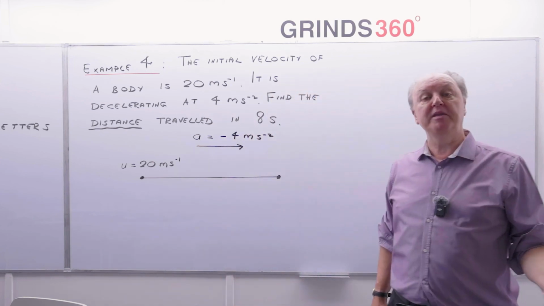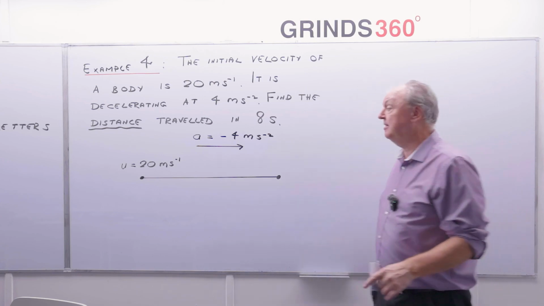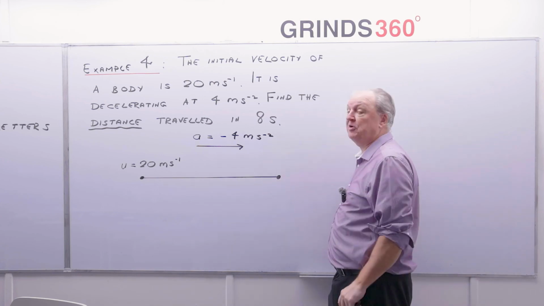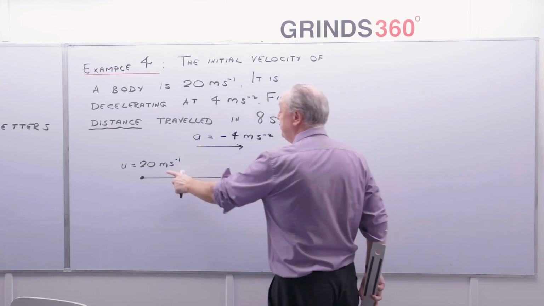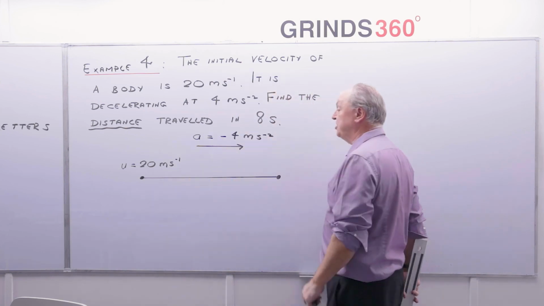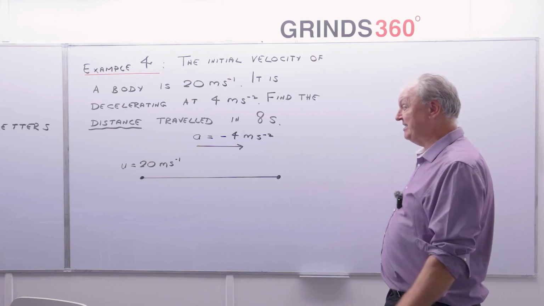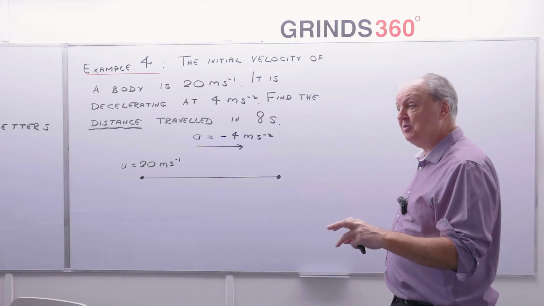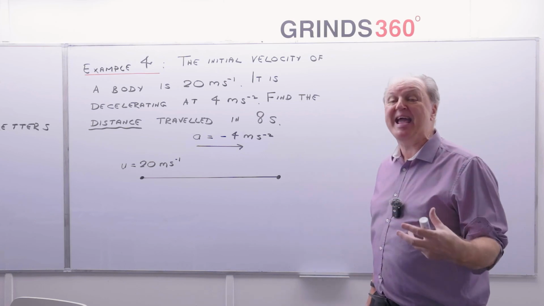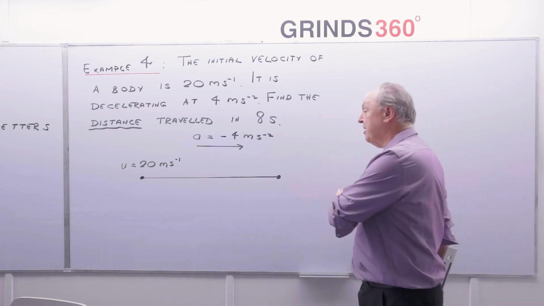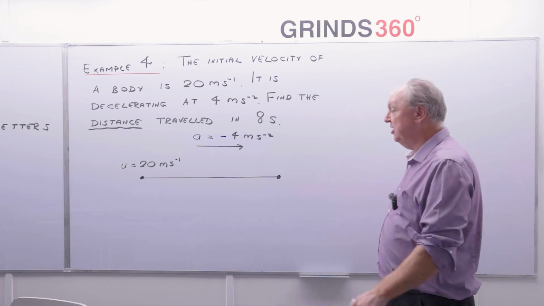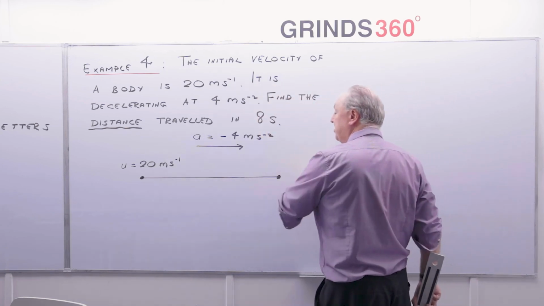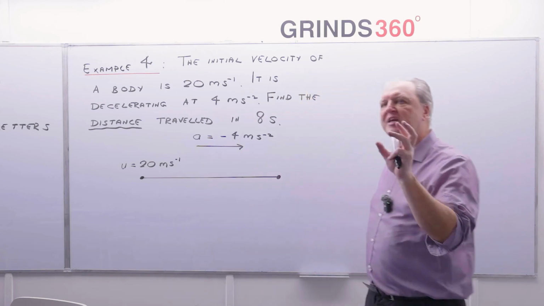The minus 4 means that every second its speed goes down by 4 meters per second. So if it starts at 20, after 1 second it's going to go to 16, and then to 12, and eventually it's going to stop. And when it stops, it's then going to have a negative velocity. It's going to start moving back in the opposite direction. So once it's got a positive velocity, it's going to move to the right, and then it's going to start moving to the left.